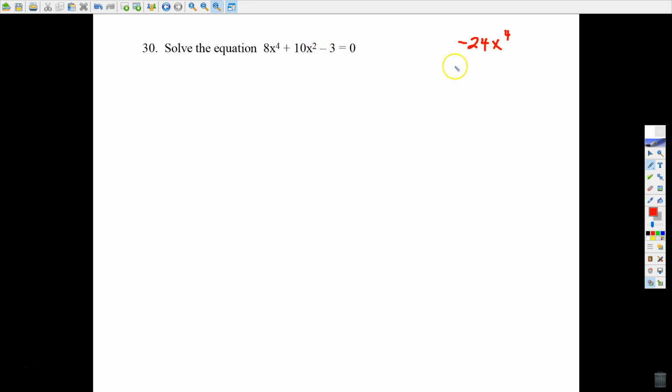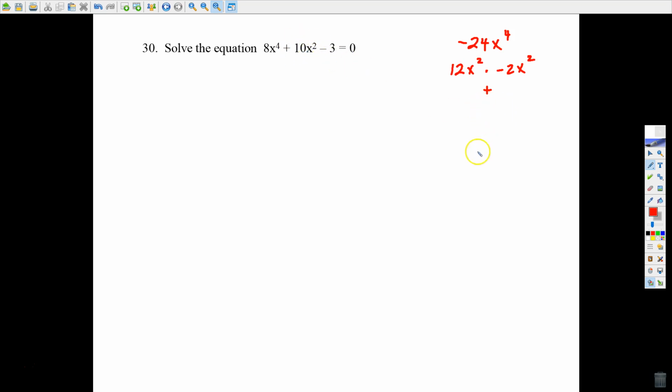If we did 12x squared times negative 2x squared, they would definitely multiply to give us this, and then if you added those two together, you would get this middle term.